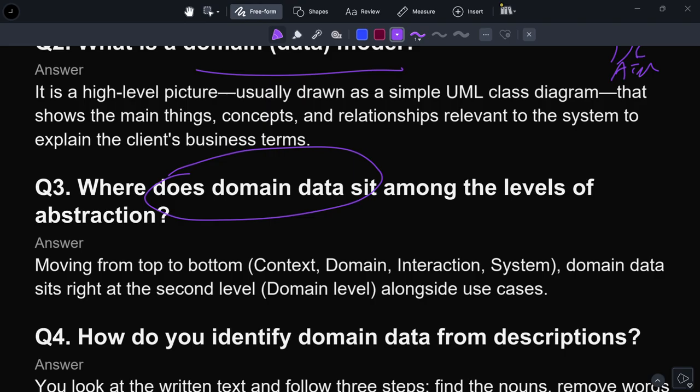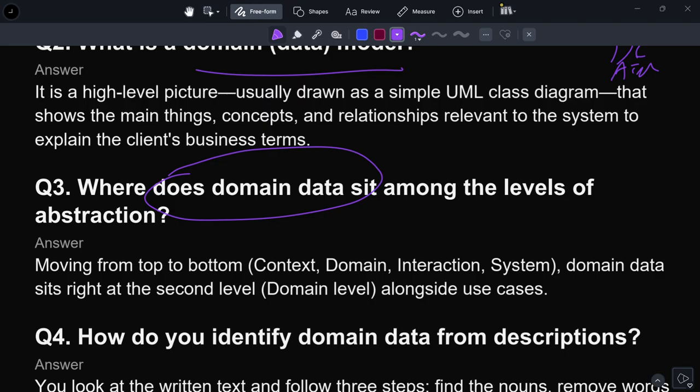Interaction: how users directly talk to the system, how the customer inserts a card, types their PIN on the keypad, and selects an amount. System: the actual inner software code and database tables.